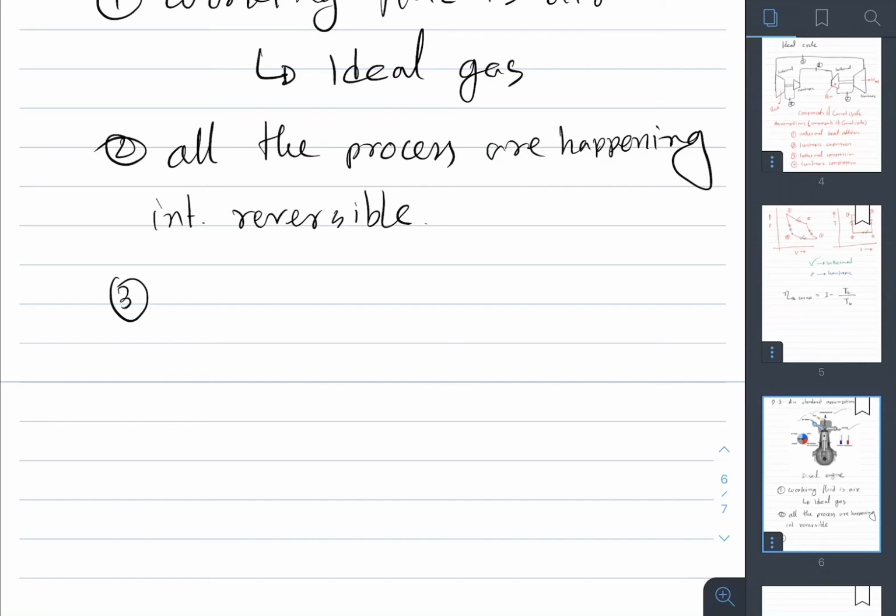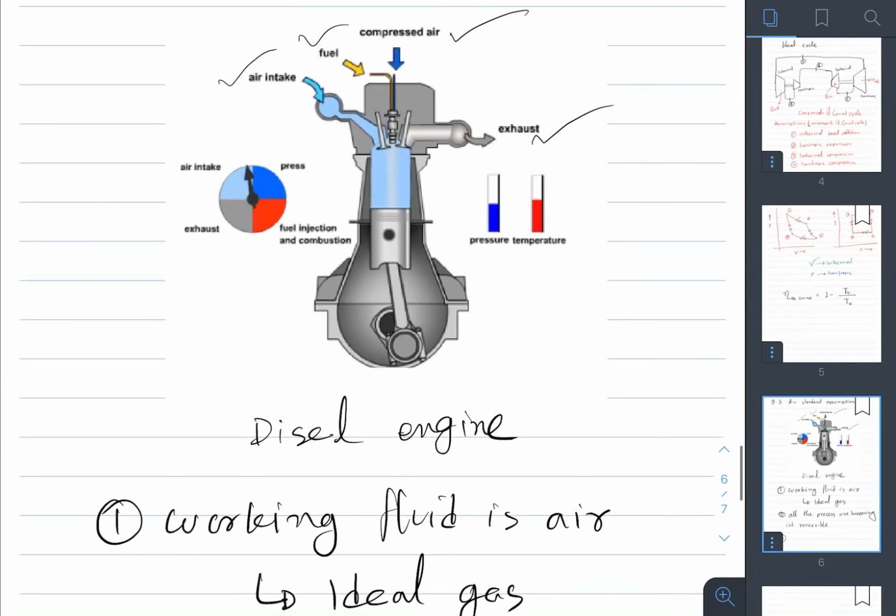Number three, the combustion process is basically a heat addition process from an external source. The combustion is happening, and it's kind of heat addition to this system just by burning those hydrocarbons.